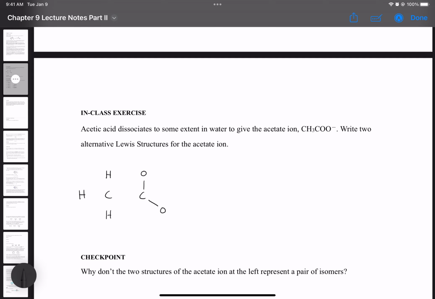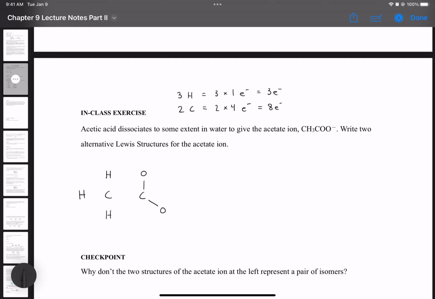If we look here, we have two carbon atoms, so that's 2 times 4 electrons, which gives us 8 electrons. We have 3 hydrogens, so 3 times 1 electron equals 3 electrons.